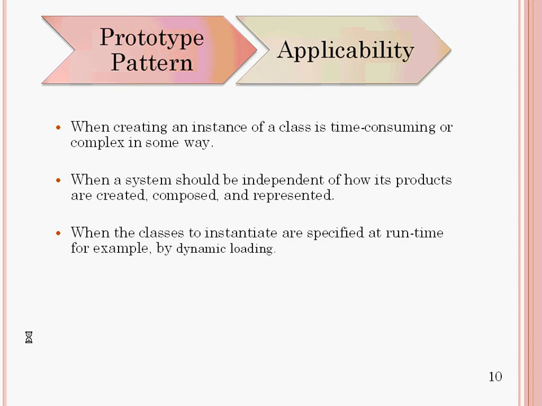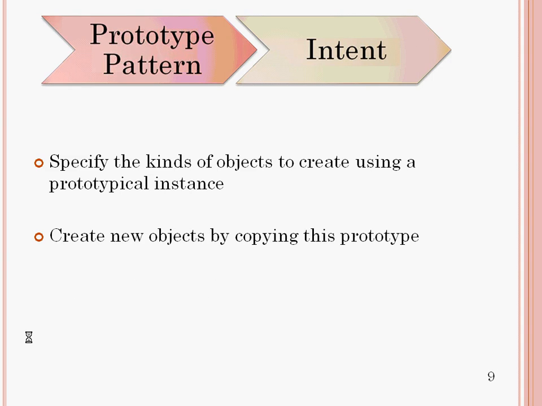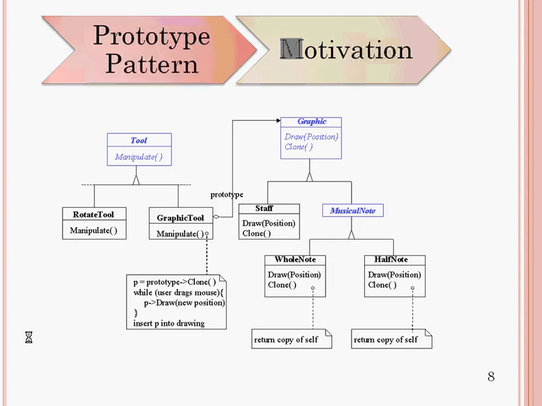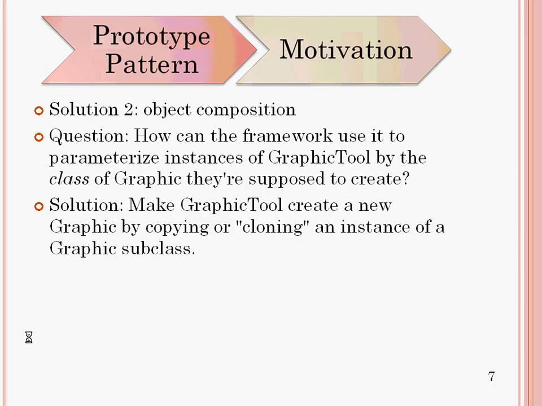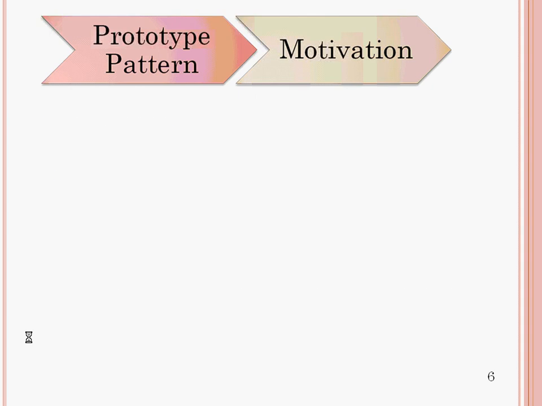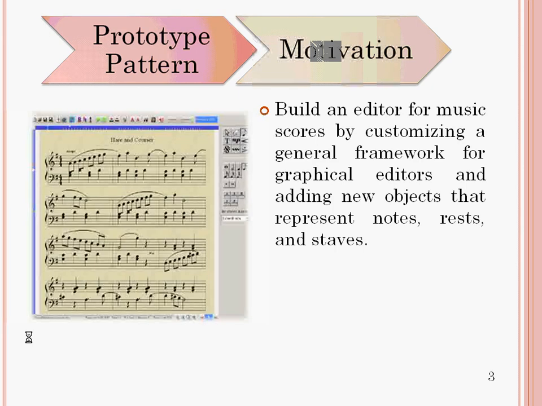Can you go back to the class? Yeah. The graphic tool is the icons that I showed. Here, can you see there are different nodes? These are instances of the graphic tool object. Okay.